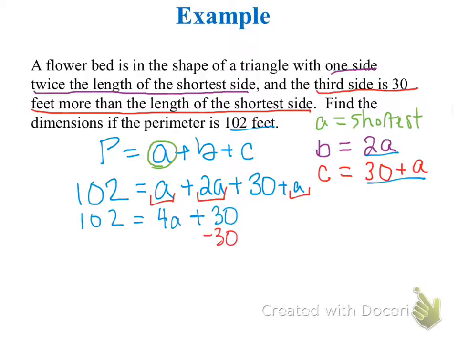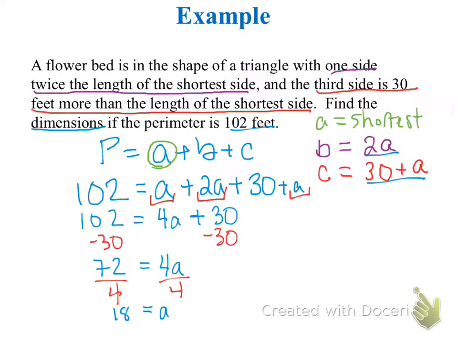Subtract 30 from both sides. 72 equals 4A. Divide both sides by 4. A equals 18. And what does that mean? 18 what? 18 is the shortest side, and it says find the dimensions.